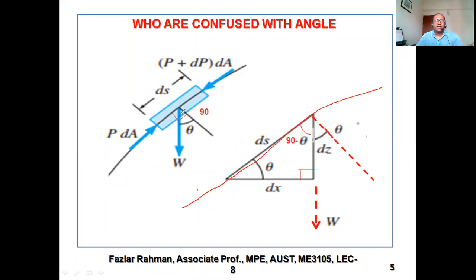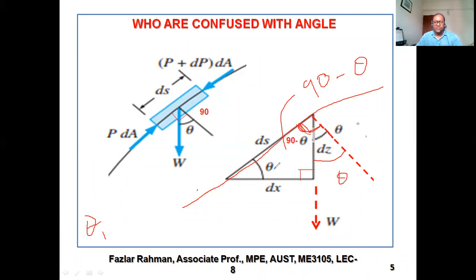So this angle is 90, and the weight is working downward. So this angle is theta, and this is 90. So how much will this angle be? Obviously, this angle will be 90 minus theta, right? Say this angle is theta 1.